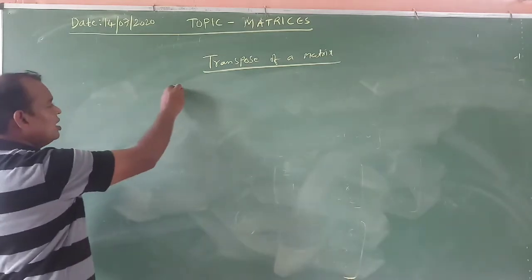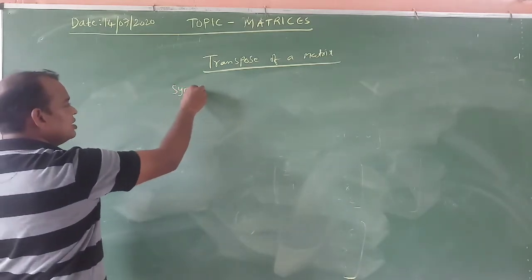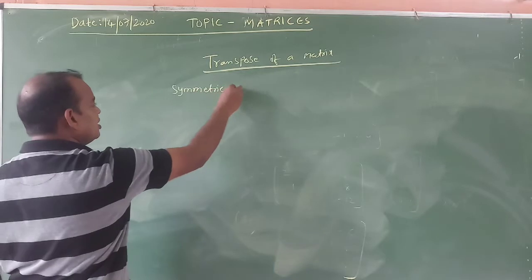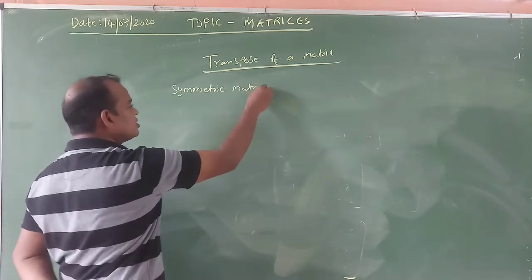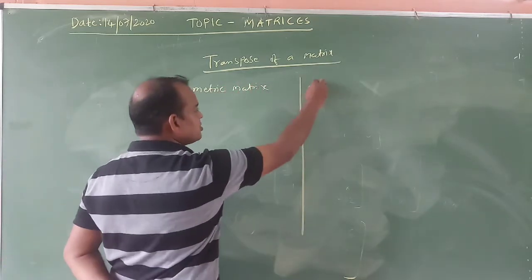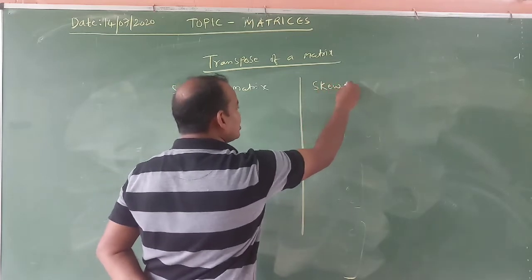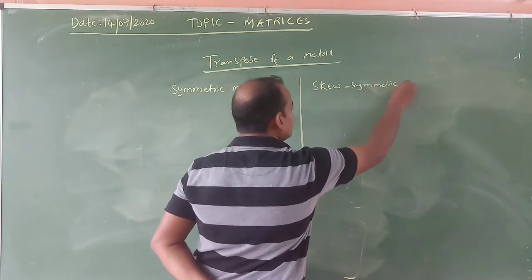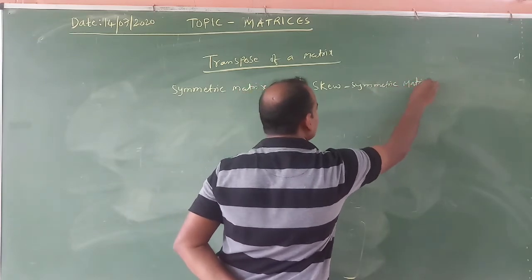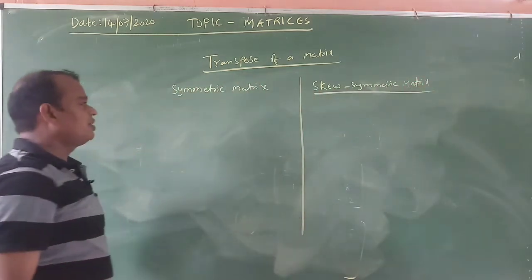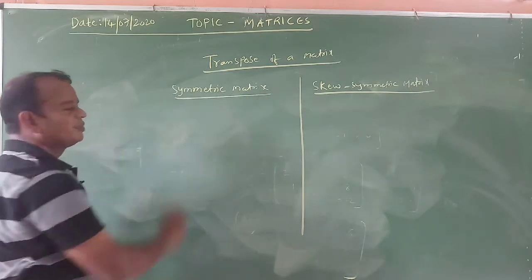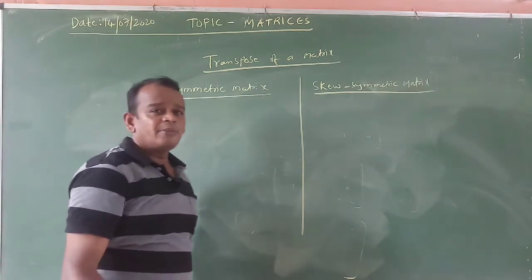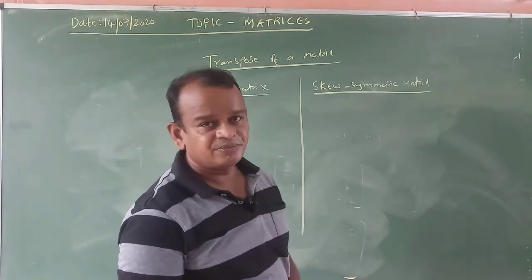Now observe the differences. Symmetric matrix. Next one is skew symmetric matrix. In this one, compulsorily the matrix is a square matrix, not any matrix.